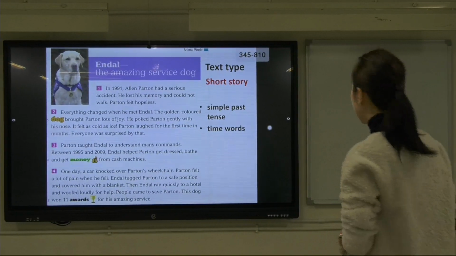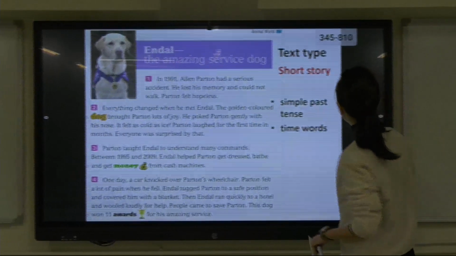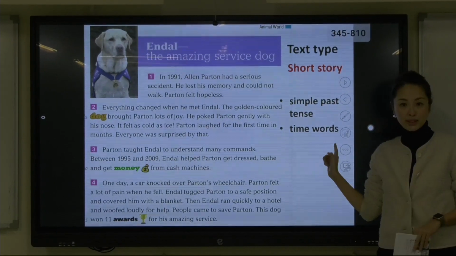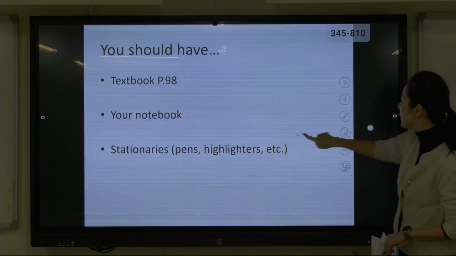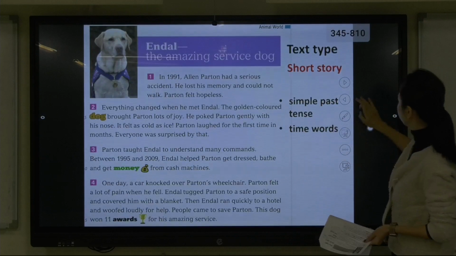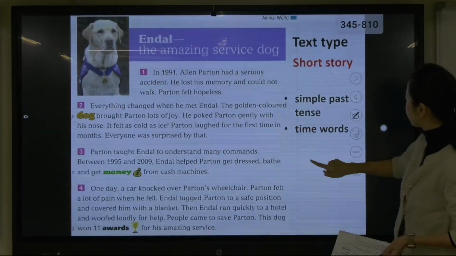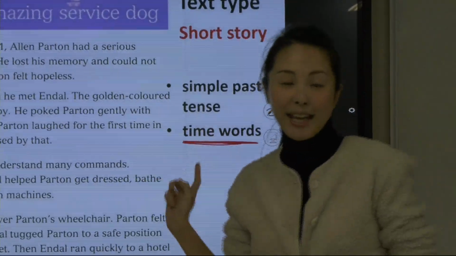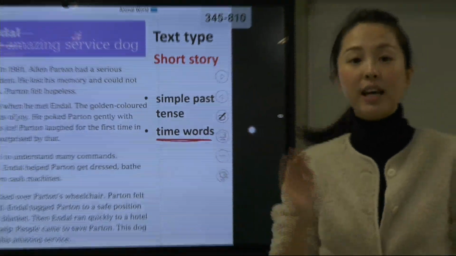And also, we should have time word, okay? So what is time word? So in your text, there are a lot of time words.